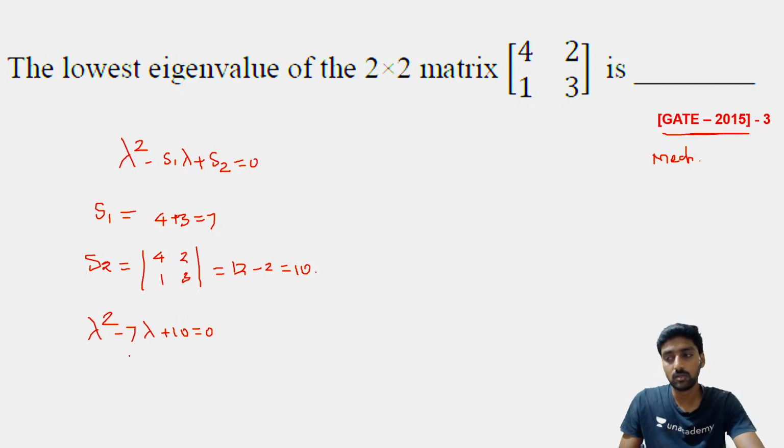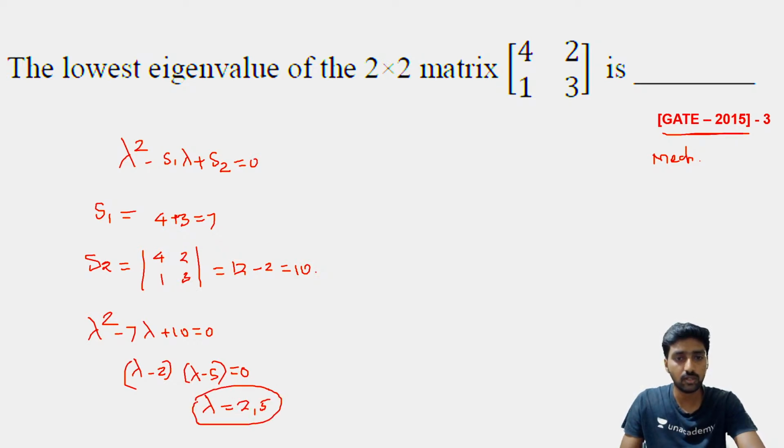The product of the two numbers must be equal to 10, while adding the same two numbers must be equal to minus 7. So what will be these two numbers? It's lambda minus 2 and lambda minus 5. So we are getting the two eigenvalues 2 and 5, which means lambda is equal to 2 and 5.